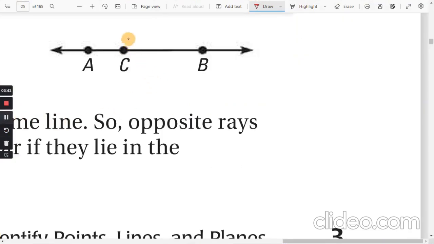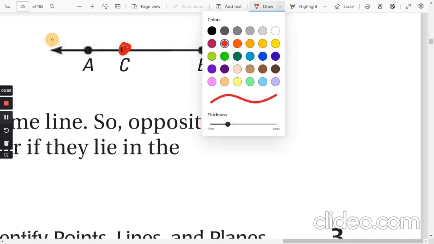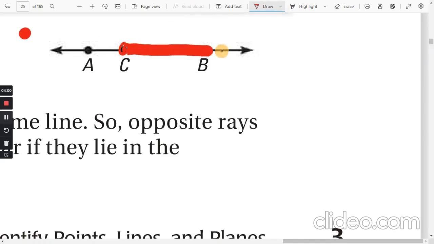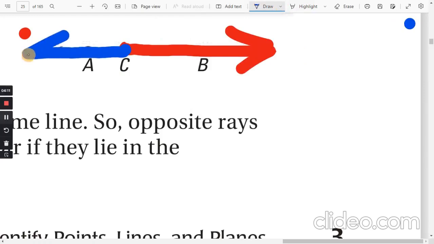So right here, we have point C, that's between points A and B. The first ray starts at C, and then it continues forever to the right. And then the other ray starts at C and continues forever to the left.